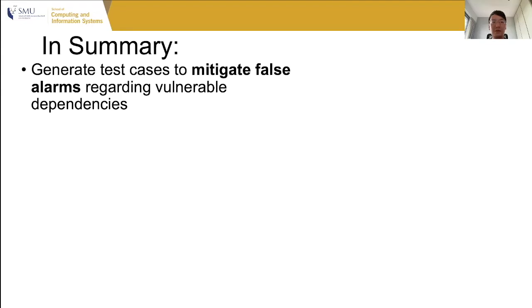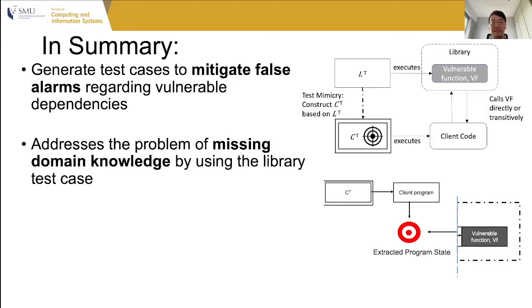In summary, we have looked at the problem of mitigating false alarms with regards to vulnerable dependencies, and our approach aims to generate test cases to confirm the exploitability of library vulnerabilities.